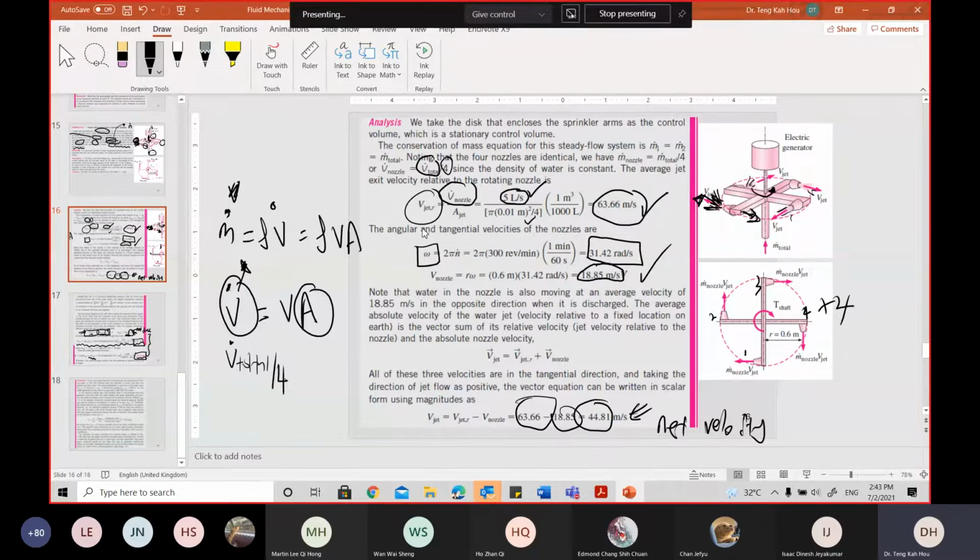So when you contribute backwards, that means they're giving you the omega. These things rotate in backwards rotation. So from there, you calculate the rotation, the angular velocity. And from this angular velocity, I know that the V nozzle also turns backwards at 18.85. So that means they're turning this direction with 18.85.